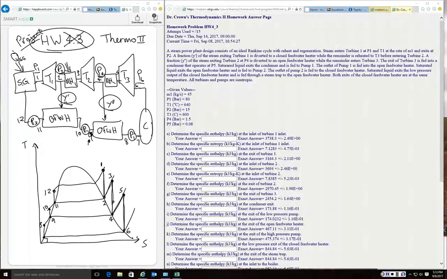And then on the left side, state 7 is the inlet to my pump, state 8 the exit of the pump, 8 to 9 is the first open feed water heater, and 9 to 10 is the second pump, 10 to 11 the second feed water heater, and then 11 to 12 the third pump, and then finally 12 back to 1 is my boiler. I think that didn't come out very well on the first drawing.